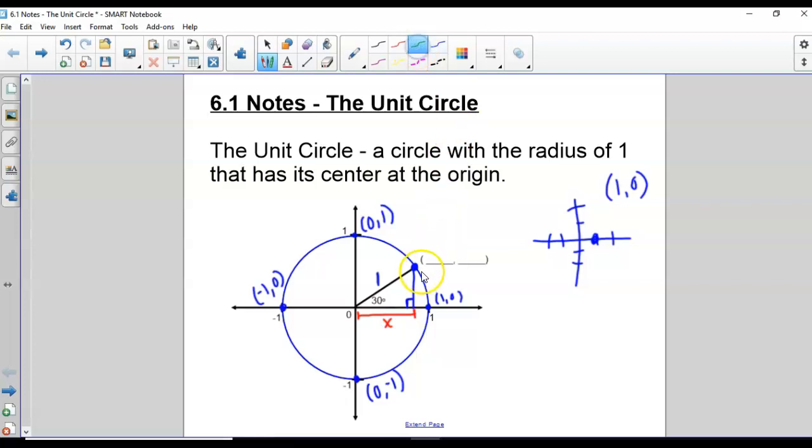And the length of this side right here is my y-coordinate, because my x-coordinate tells me how far I go to the right, and my y-coordinate tells me how far I go up. So this triangle right here is a 30, 60, 90 triangle.